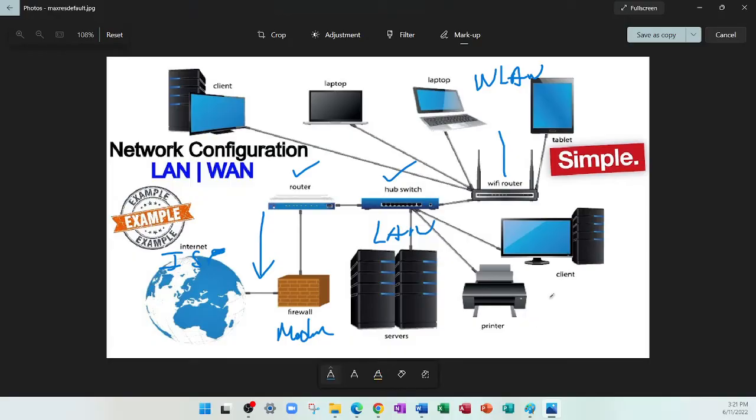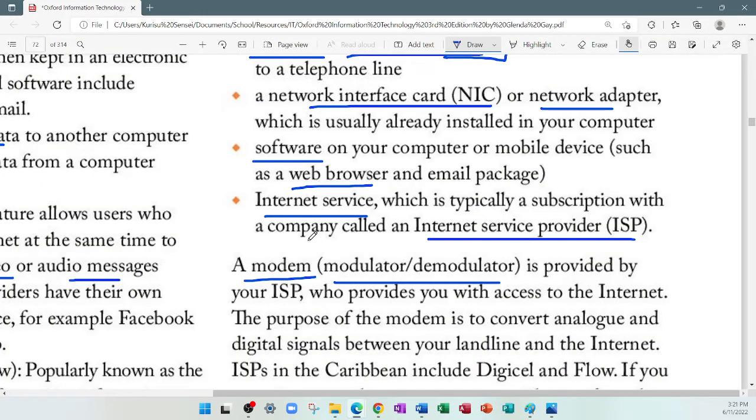Basically that means it sees only binary, which is ones and zeros. So analog and digital, they do not mix. So as the data is being sent in an analog form across the telephone line, something has to convert it into a digital signal so that your computer can use it. That is the modem. So that's the main purpose of the modem, converting that signal so that it can get that communication between your digital devices and the analog signal.